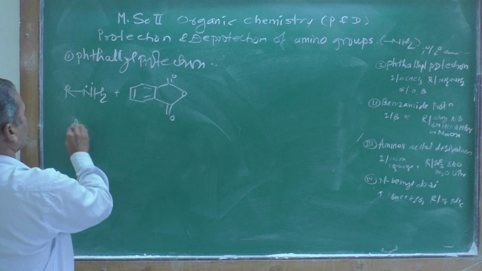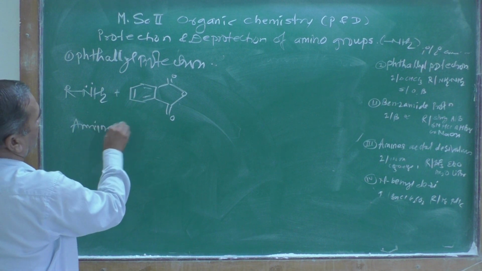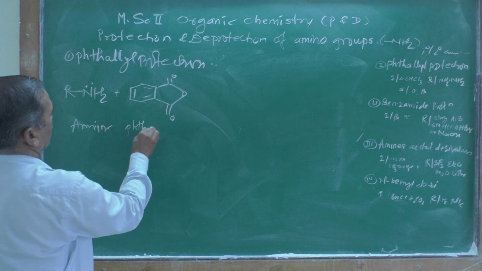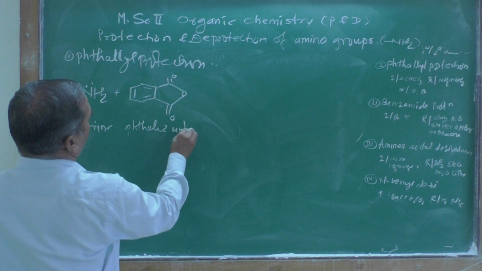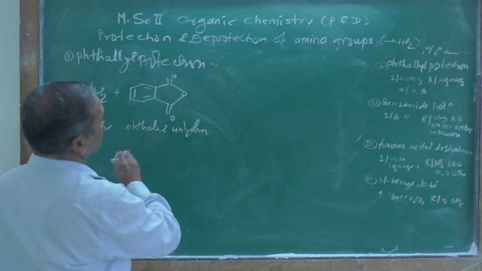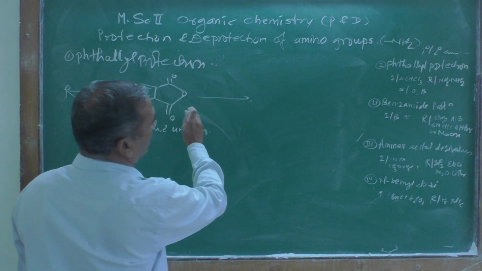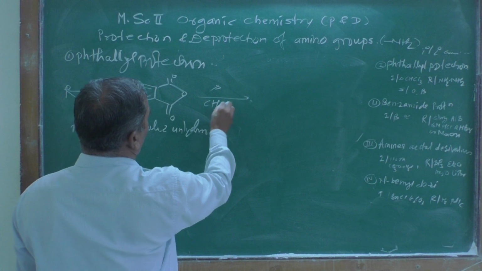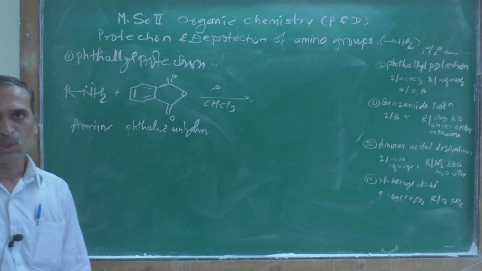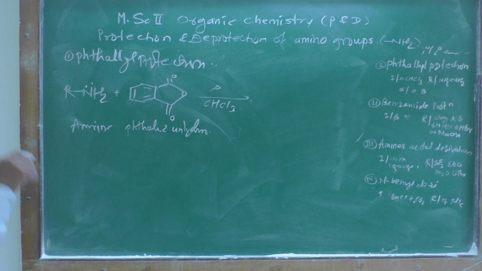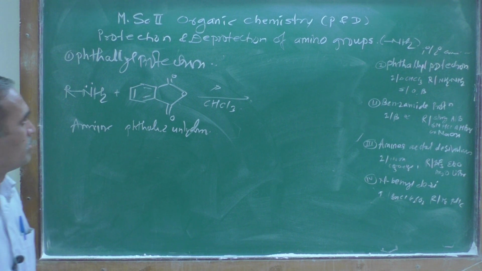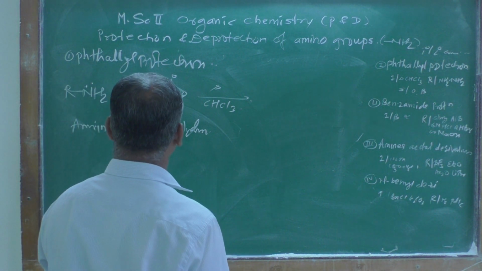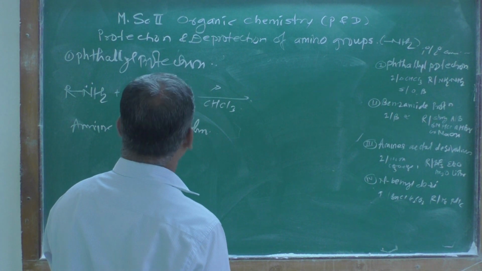This is the amine, the starting compound is an amine. This is phthalic anhydride. When it is heated, and the solvent used is chloroform, a volatile solvent, and the reactions are carried out at room temperature or maybe at a lower temperature, what do you get?